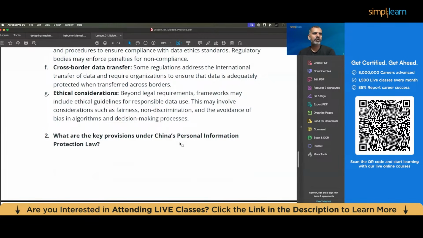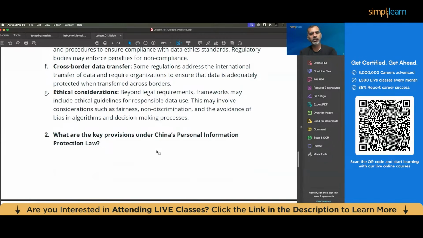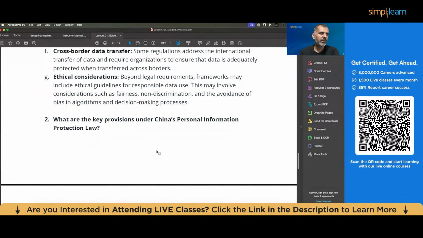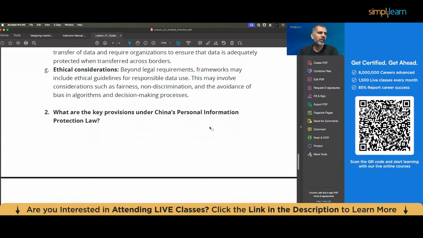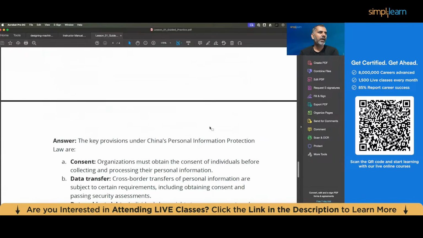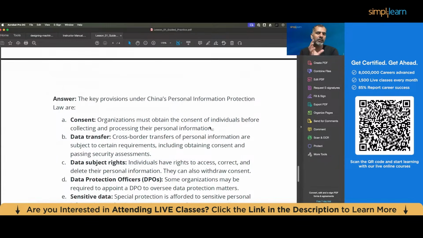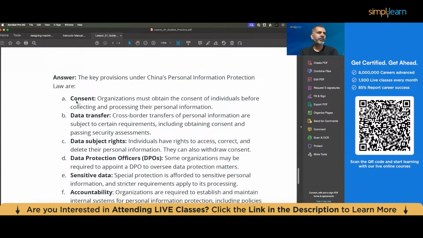We have just studied China's personal information protection law, PIPL, which is mainly for protecting private, personal information. Because it is a personal information law, you can logically say that it covers all the rules and frameworks about privacy or protecting personal information. That means consent: you have to take consent before obtaining the information. Data transfer, and data subject rights to access, correct and delete.